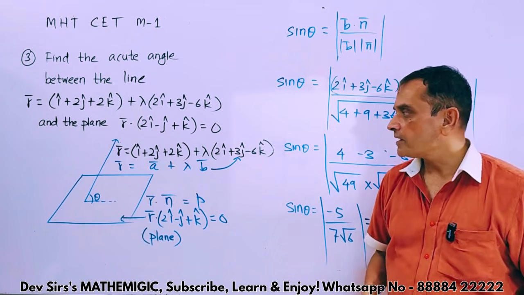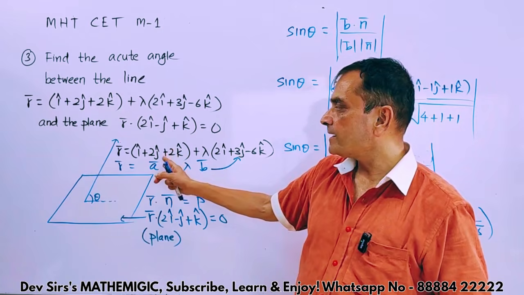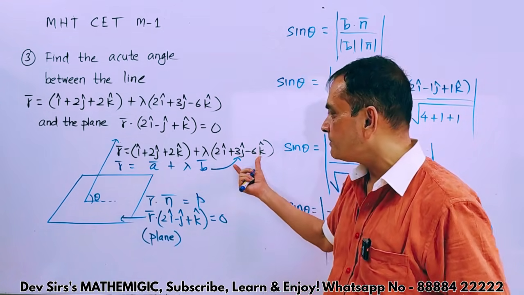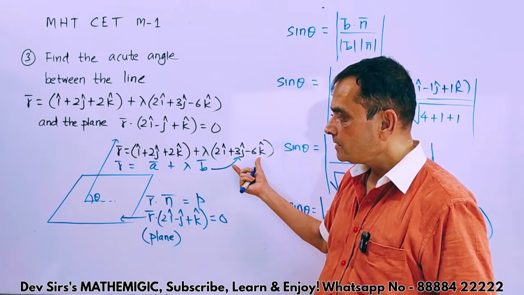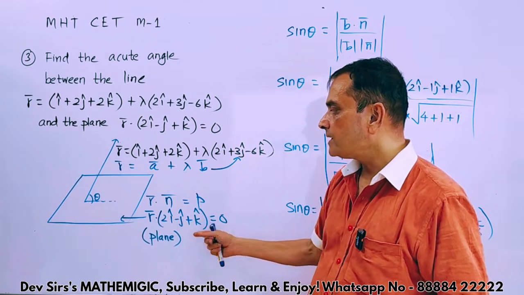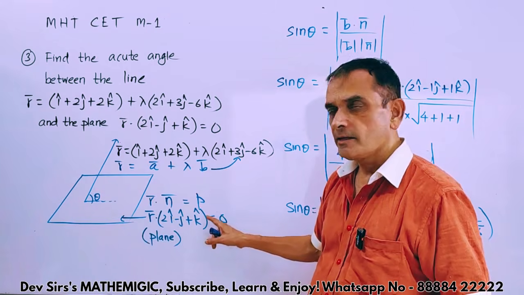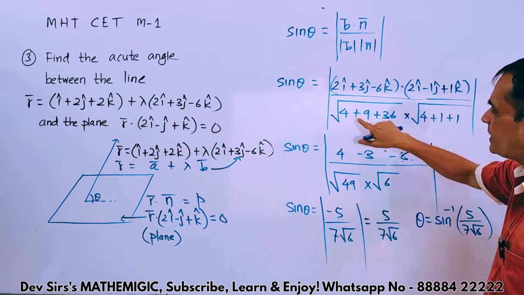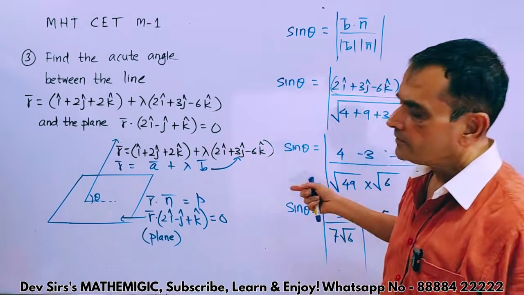Okay. So for equation of line, first bracket is a bar, second bracket is b bar. We are not at all concerned with a bar. Take the second bracket. Right. For the equation of the plane, second bracket again, that is n bar. दोनों का डॉट प्रोडक्ट ले लो, दोनों के मैग्नीट्यूड्स ले लो एंड देन कैलकुलेट.